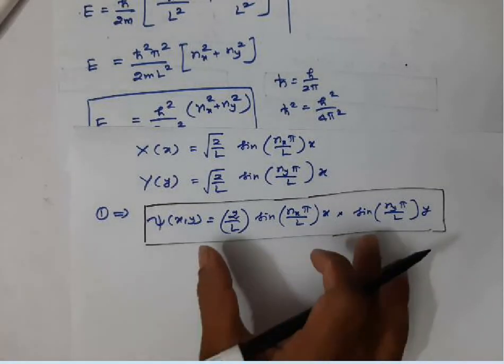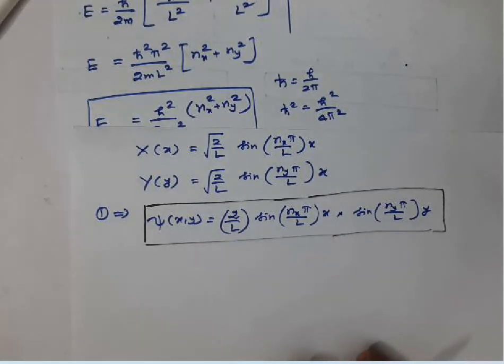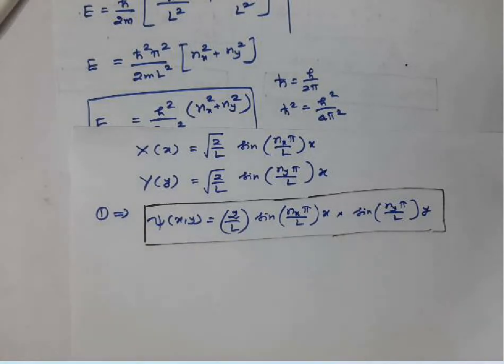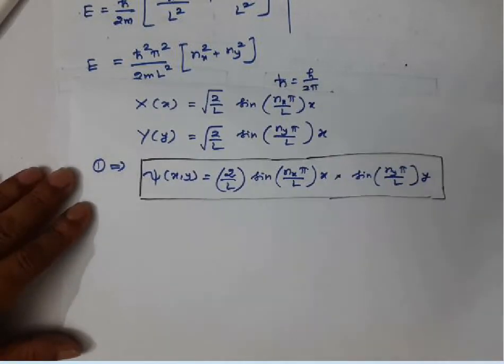We'll see some of the important features of this wave function in the next lecture, but in this lecture we'll focus on the energy expression. So let me consider energy here.